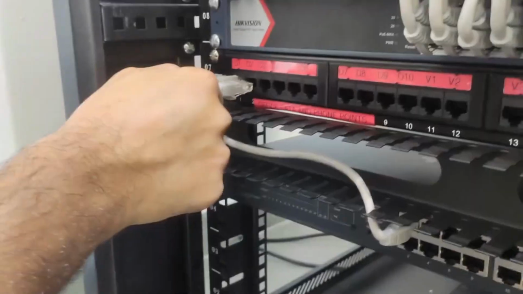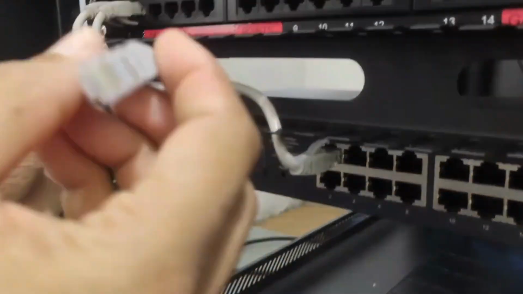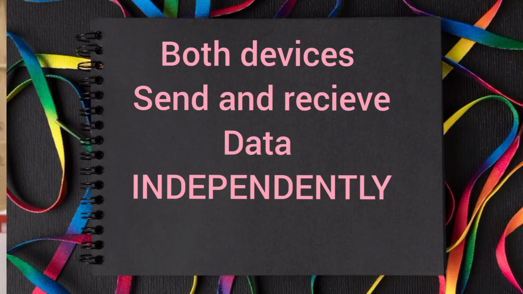The connection also matters because for two or more devices to communicate together, there must be some form of connection between them. And network means the interconnection. When we say interconnection, we are actually saying that both devices must be able to send and receive data independent of one another.